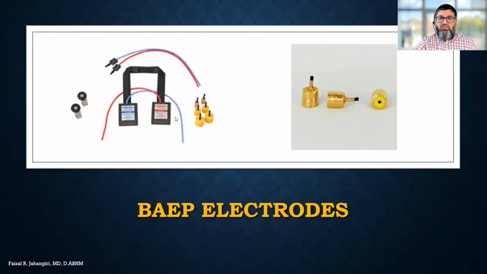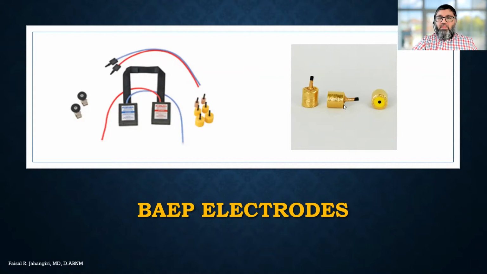Red is for right side stimulation, blue is left side stimulation, and you can connect them directly to the tip, or you have an extension tube which is connected to the ear insert, which are foam ear inserts. They come in three sizes, two colors. The beige ones are for pediatric patients, and the yellow ones are for adults. But adults, they are small and bigger depending on the ear canal, and the plastic one is for infants, newborns.